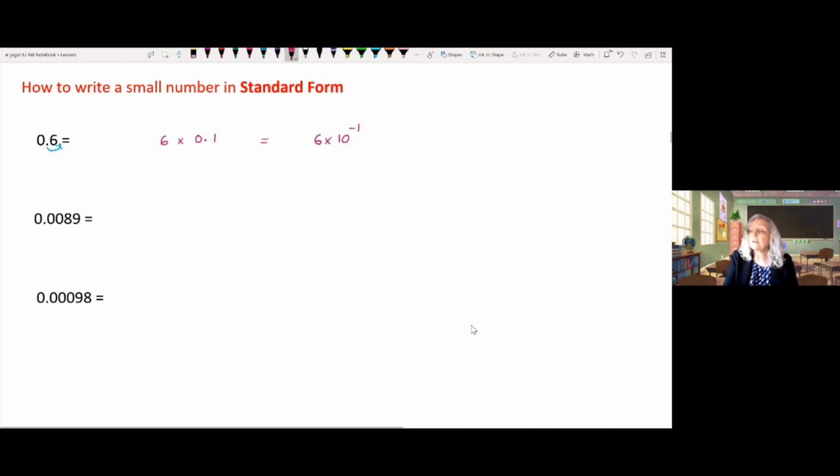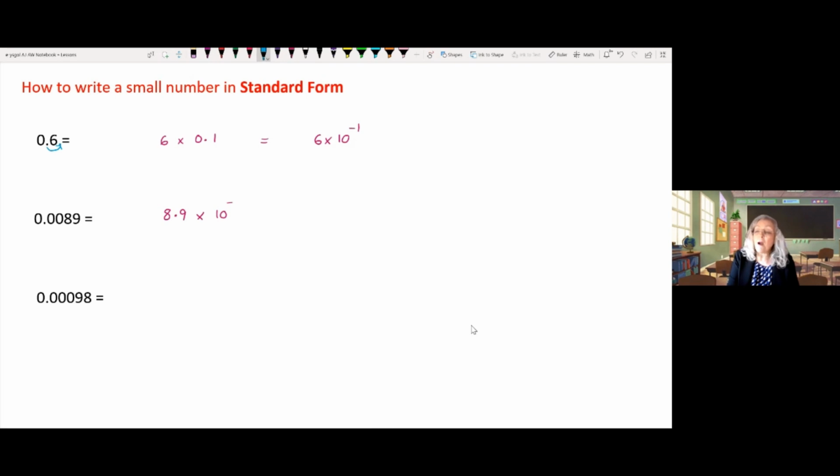Now for the next one, this number, I need a number between 1 and 10. So I'm going to go for 8.9. And then I'm going to go straight to standard form. So it's multiplied by 10 to the minus something. I know it's minus because this is a small number. It's a 0.00 something number.